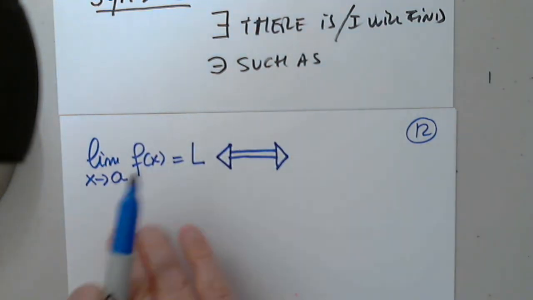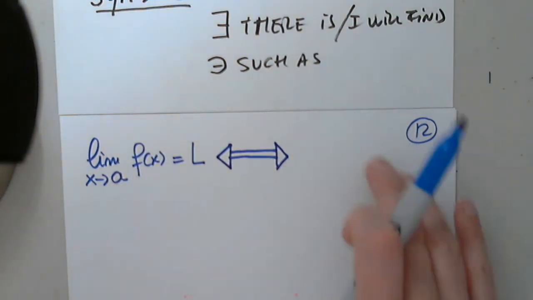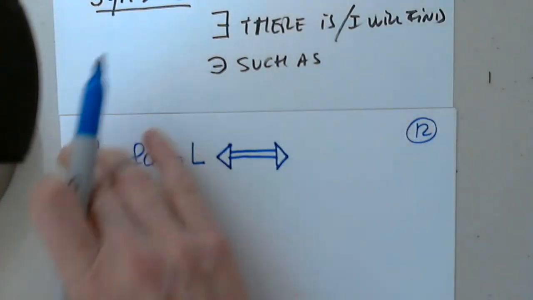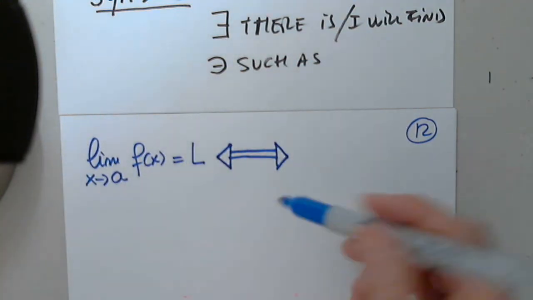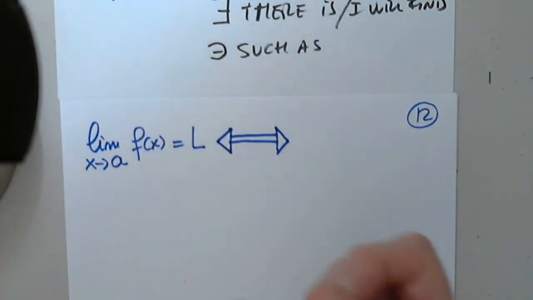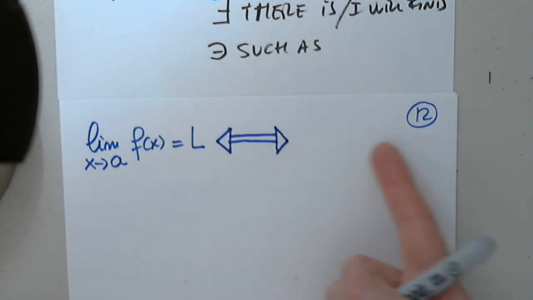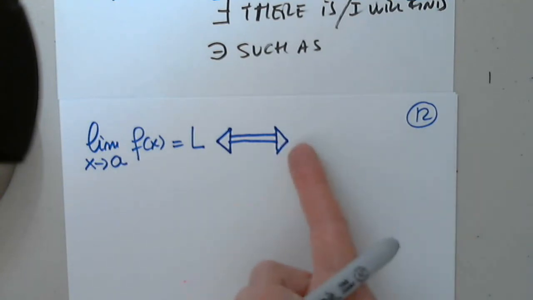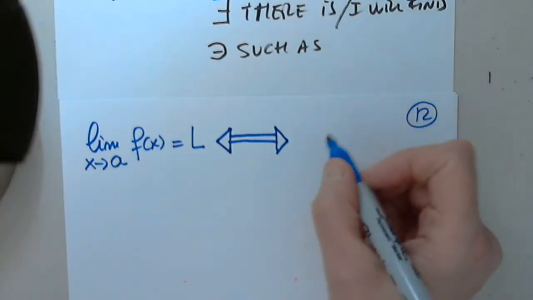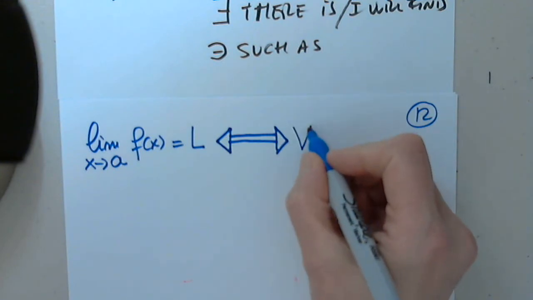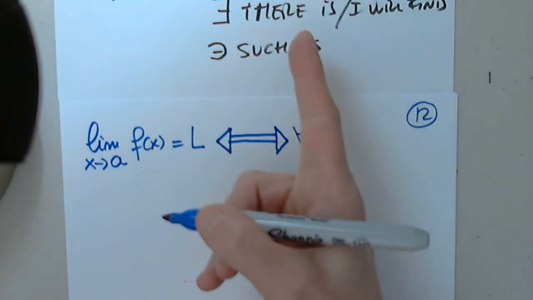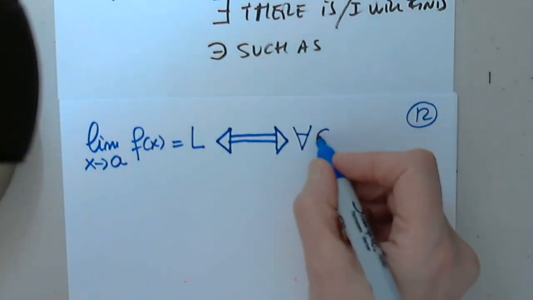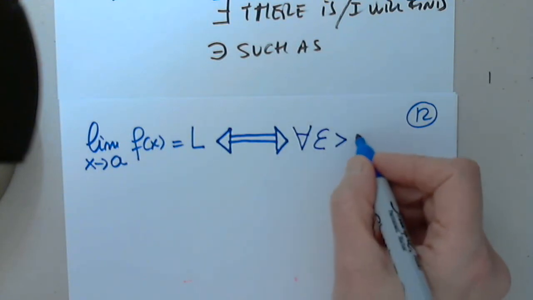This implies what I'm going to write next, and this implies this. It goes both ways. Okay, for every, for any, for all, epsilon positive.